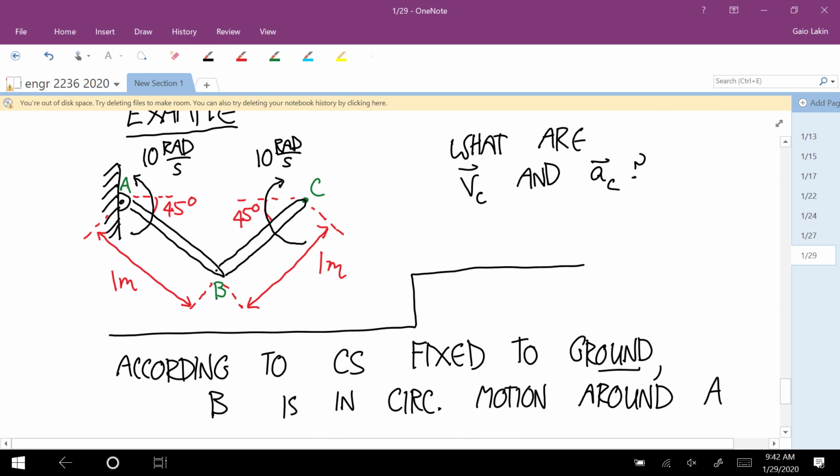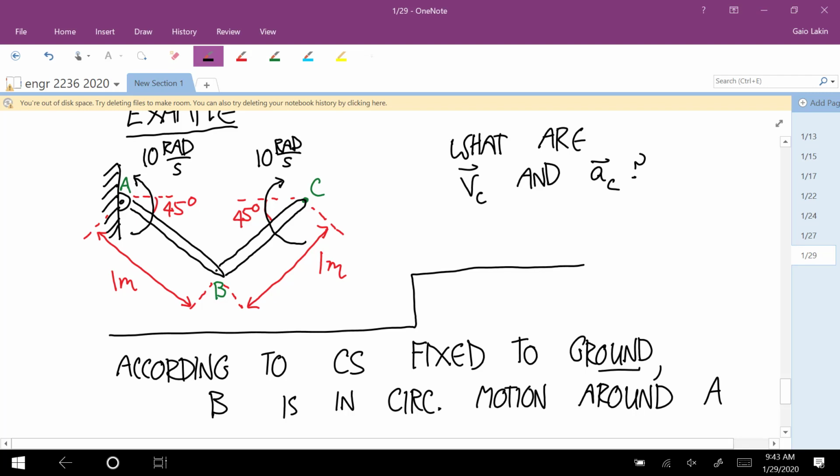What's the angular velocity vector of the left body? L is the left body, and the left body is the upper arm. So we know that it's going counterclockwise at 10 radians per second.